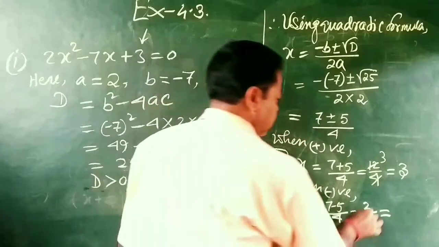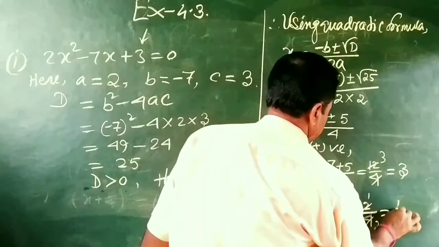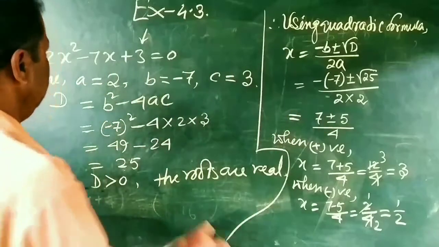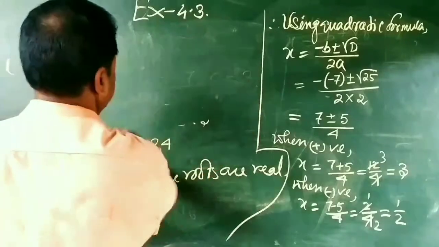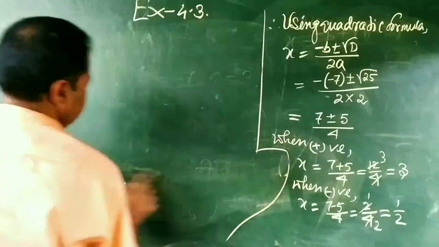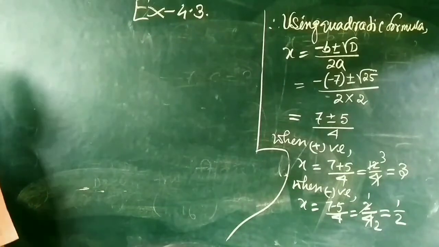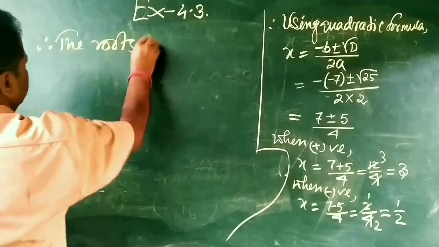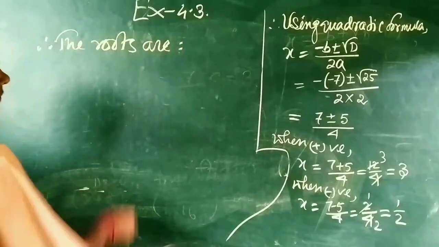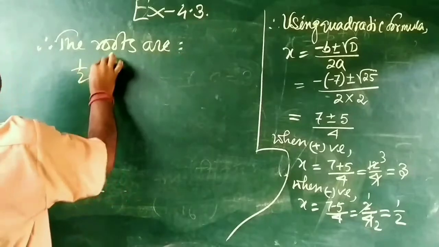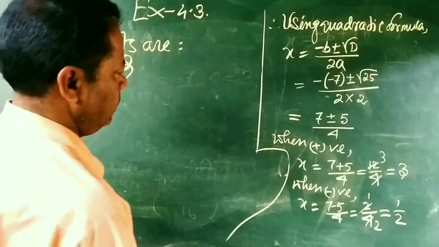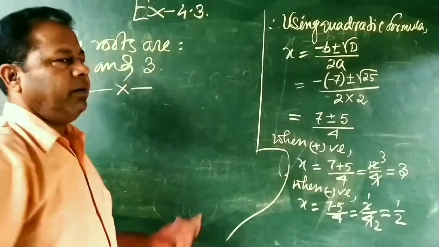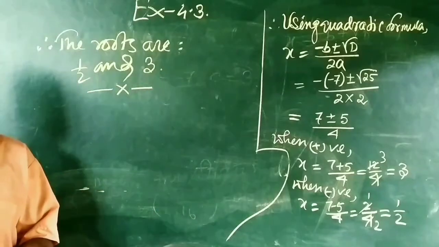Cancelling by 2, 2 ones are 2, 2 twos are 4. This is half. Now both the roots came out. Therefore the roots are half and the other root is 3. So these are the roots that we have found using the quadratic formula.